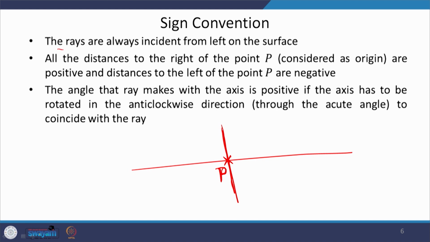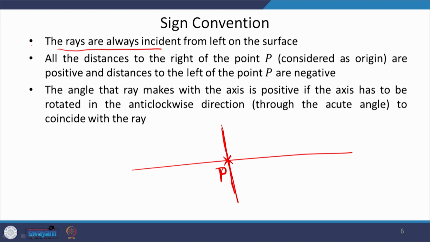Now, the convention is that the ray is always incident from the left on the surface. This is a convention which is followed by the optics community, and it is very helpful in drawing the different ray paths and understanding the mathematics which follows, which helps us in properly forming the image height, image distance, and many other things.